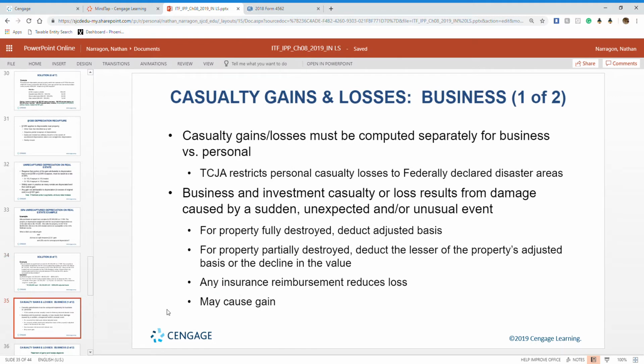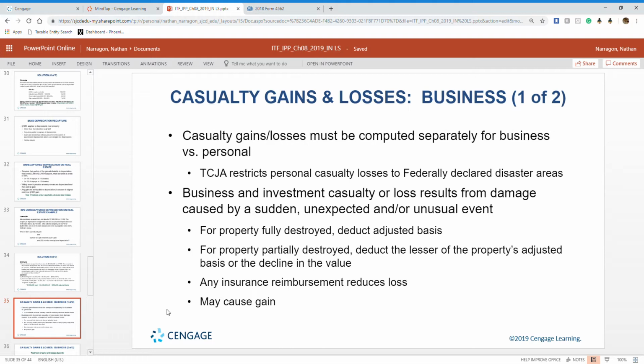Alright, so let's get into a few other items. Again, this is the sale of business property that still dealt with depreciation. But here are the other items. What happens with the casualty gain and loss, especially when it's related to Schedule C in businesses?